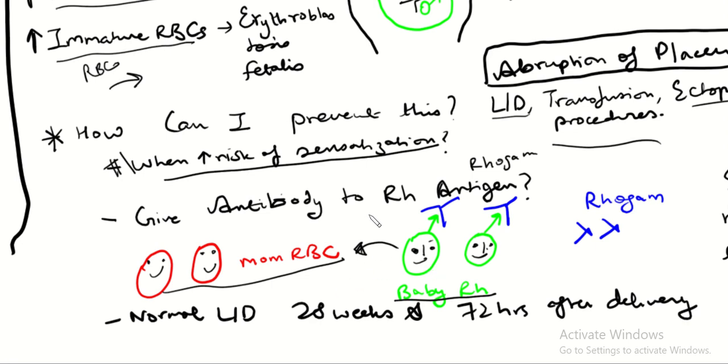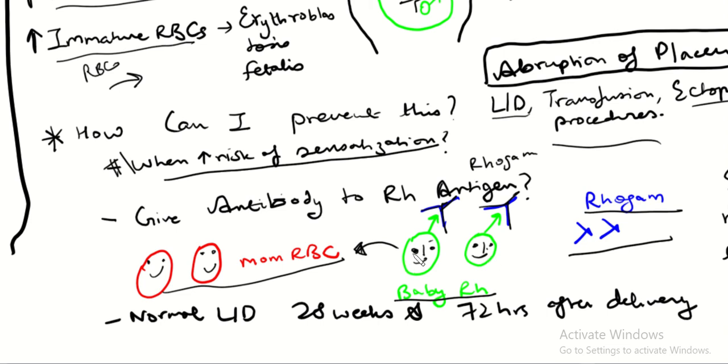So I give Rhogam. Rhogam is nothing but antibody to Rh antigen on the baby blood. So when that is done, the Rhogam antibodies now tag the Rh antigen on the baby blood.